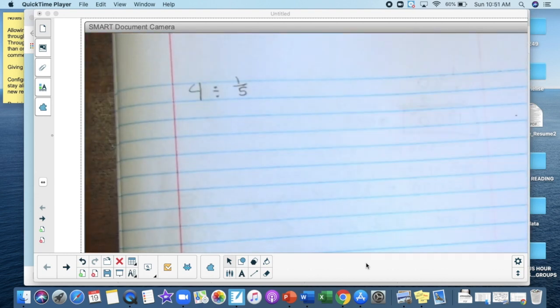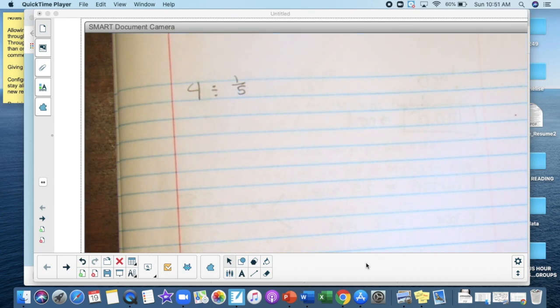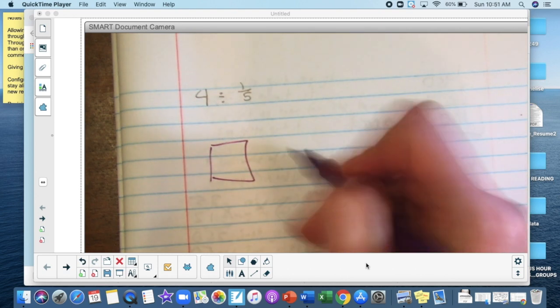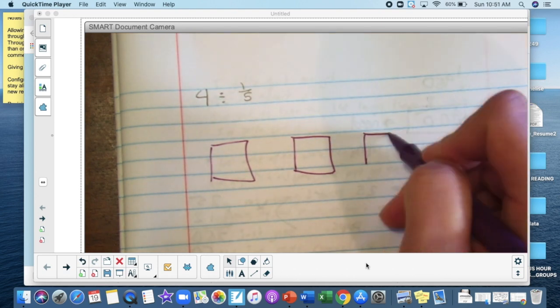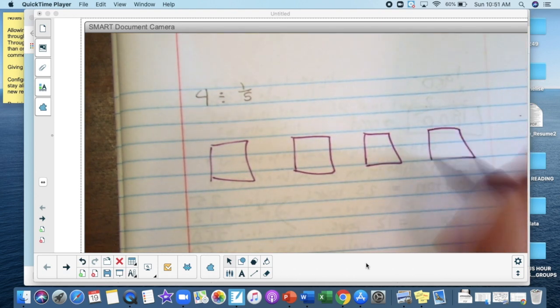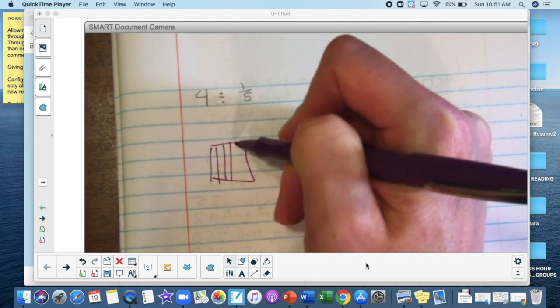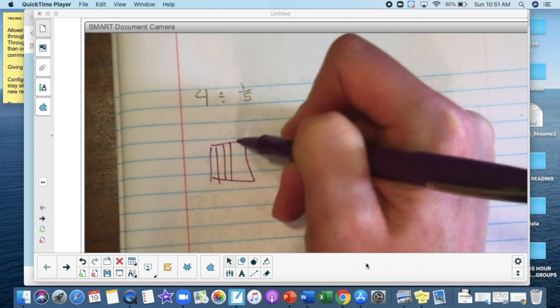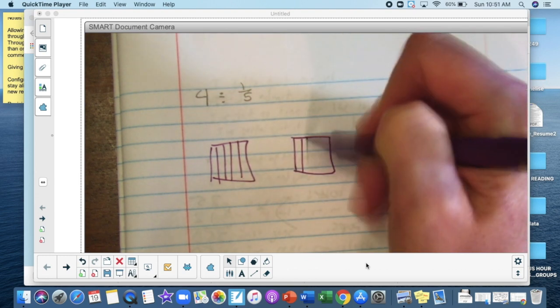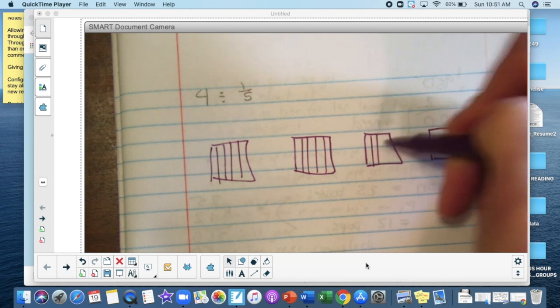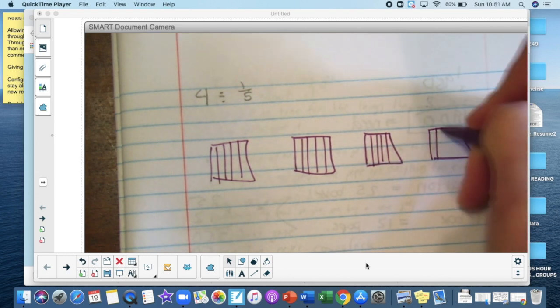So if I have 4 divided by 1/5, I want to know how many fifths are in 4. I'm going to draw a model here.